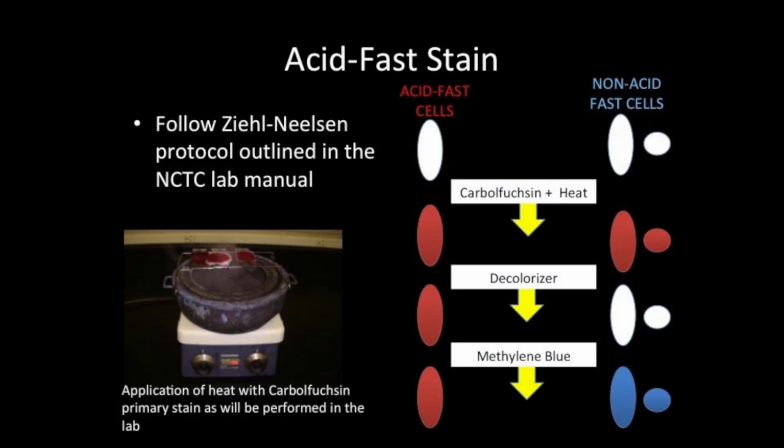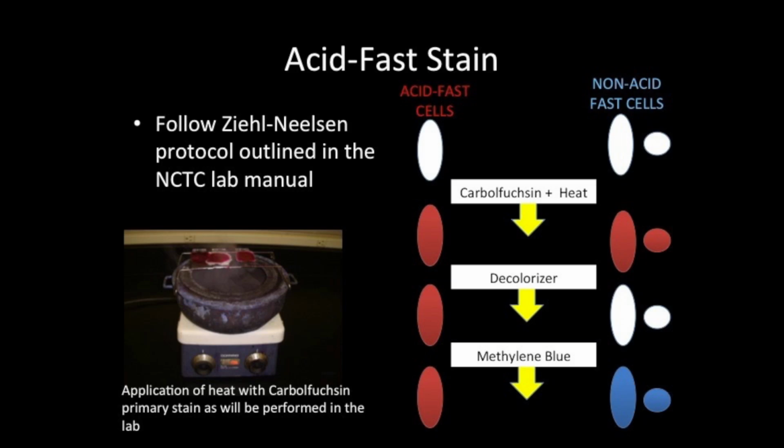The protocol outlined in your NCTC lab manual is the Ziehl-Neelsen acid-fast staining protocol. You will heat fix your bacterial samples before proceeding with the staining procedure. The primary stain used in the acid-fast stain is carbofuchsin, a dark red dye containing 5% phenol. The carbofuchsin is lipid-soluble, which allows it to penetrate the cell wall.